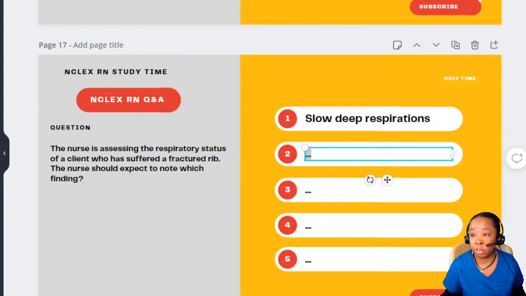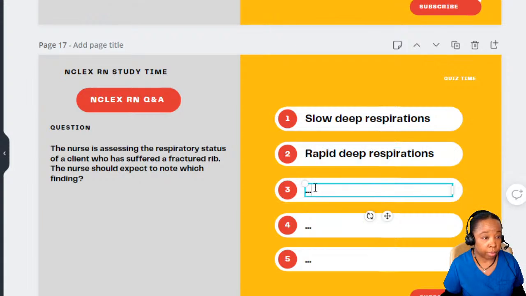Do you think the patient will have slow and deep respiration because of a fractured rib? The second one says rapid deep respiration. Slow deep is like the patient is breathing very slowly but deeply. The second one is like tachypnea, but deep. Do you think that's what the patient will do?